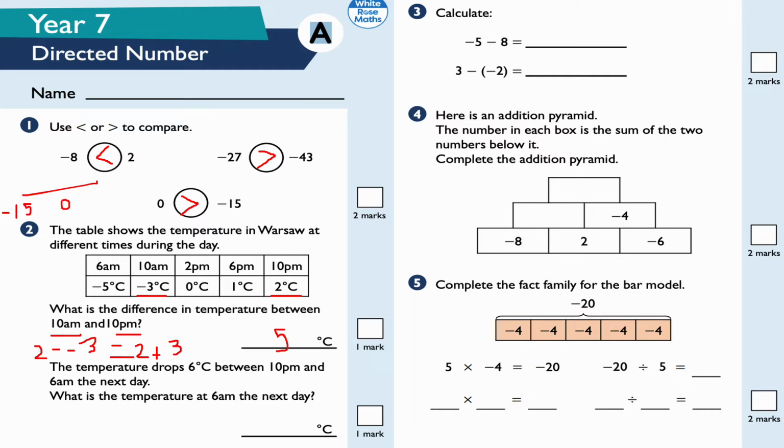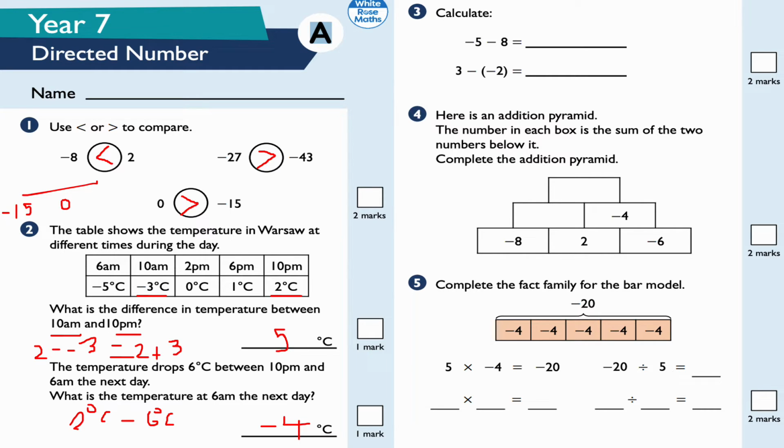The next question, guys. The temperature drops 6 degrees between 10 p.m. and 6 a.m. the next day. What is the temperature at 6 a.m. the next day? If it drops, then it's getting smaller. So 2 degrees, subtract 6 degrees, is equal to -4 degrees.